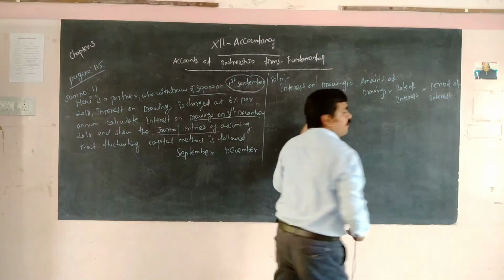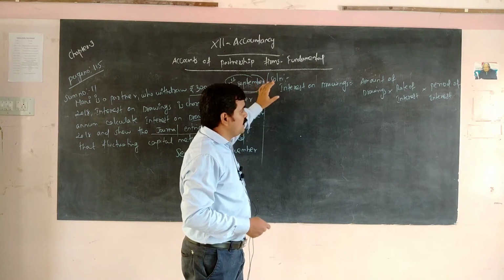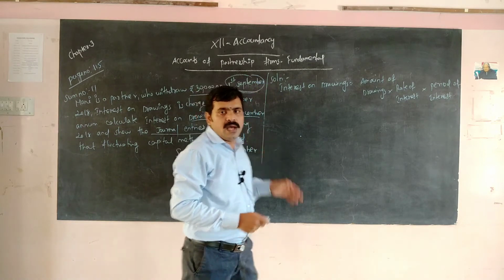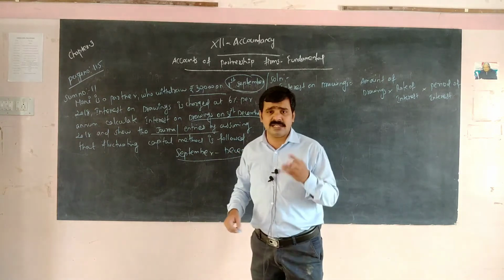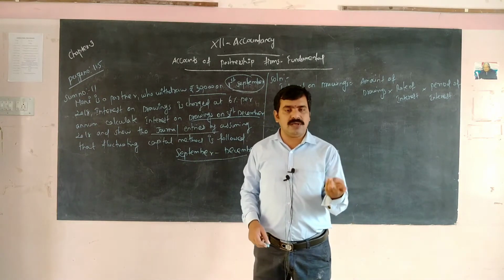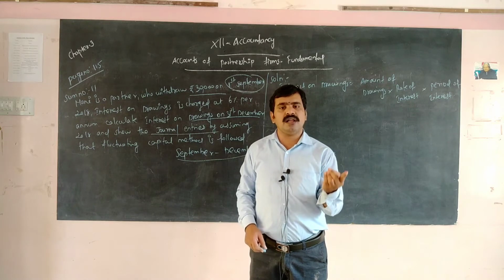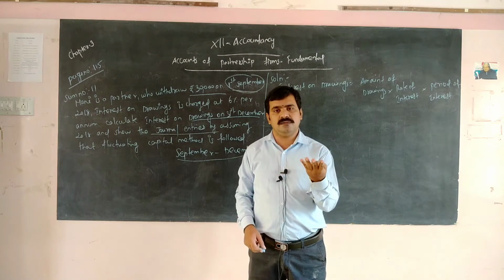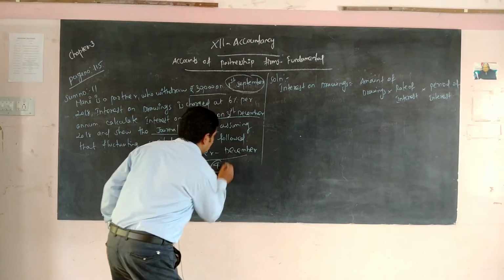This is the formula we have to follow. Using this formula only, the sum must be solved. Also you have to consider the months September to December: September, October, November, December. So totally 4 months.